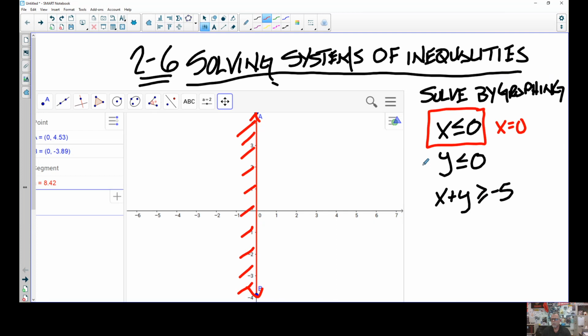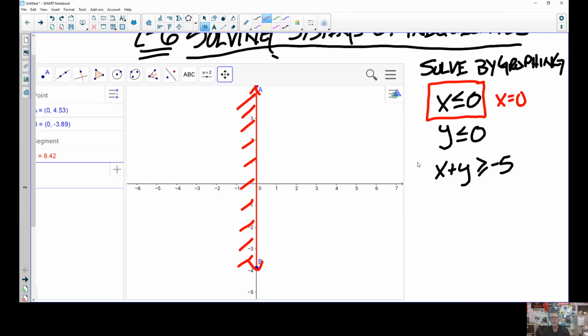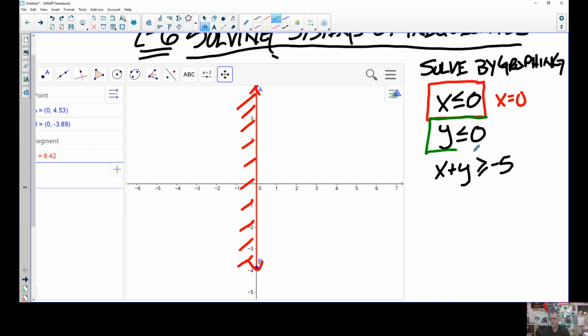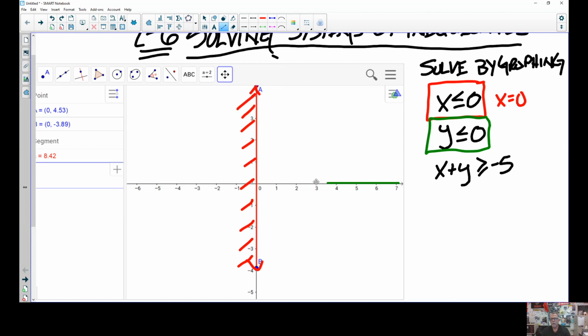Now we need to go to the next one. And let's get a different color. So now going to this one, y equals 0. Y equals 0 is, again, going to be a line at y equals 0.